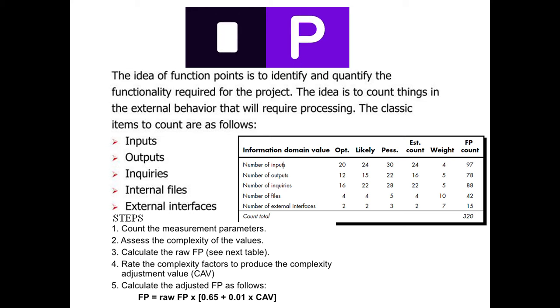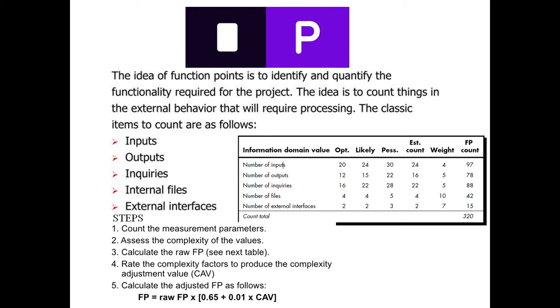This table represents the function point model. In this function point model, we are calculating the information based on number of inputs, number of outputs, number of inquiries, number of files, and number of external interfaces. Based on this information, the various estimations are calculated, and the FP count is calculated. And finally, the total count is calculated.